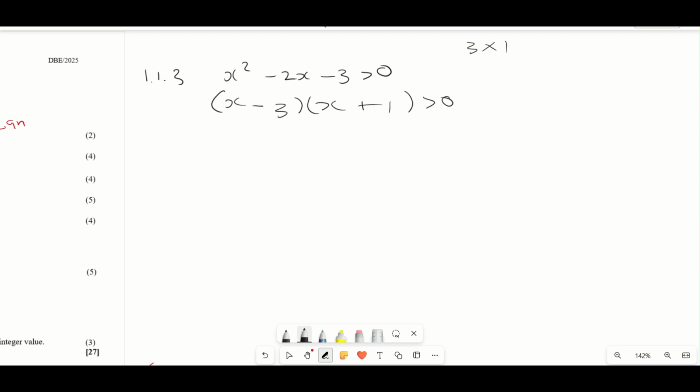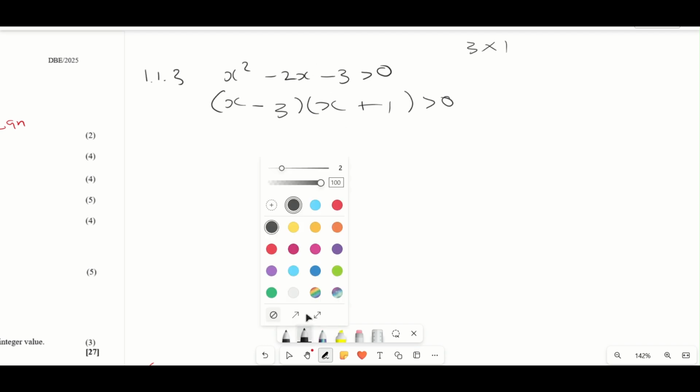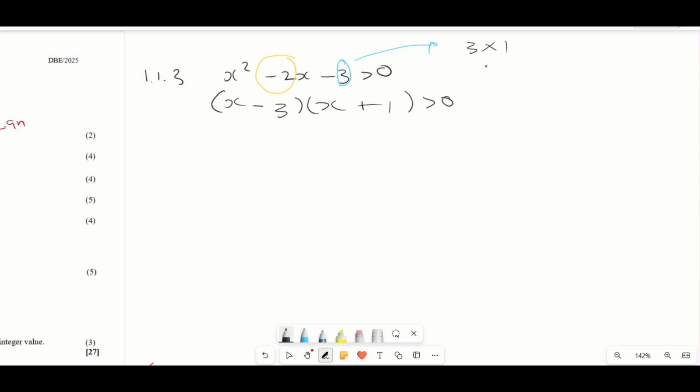So how you actually do this is you first look at the number that is in the middle, the b. So I can see that b is actually negative 2, right? And then after that, I'm going to write all my factors of 3 on the right. Then I look at whether I should add or subtract these two numbers so that they will produce a negative 2.